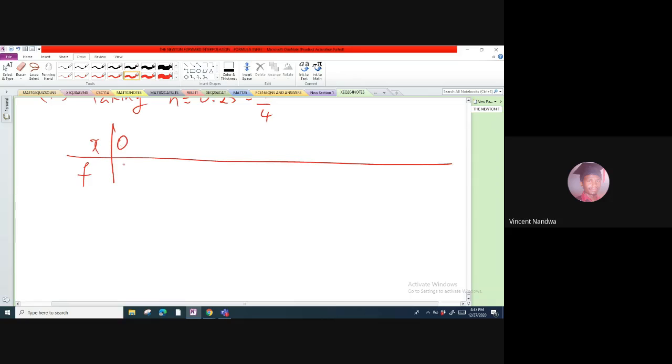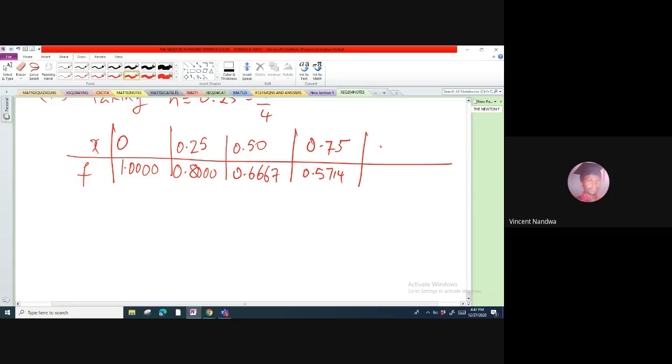So 0 will have 1.000, and then 0.25 will have 0.8000, 0.50 will have 0.6667, 0.75 will have 0.5714, and then 1 will have 0.5000.